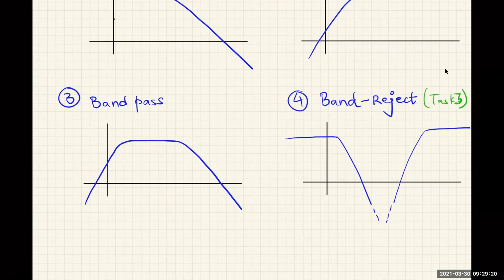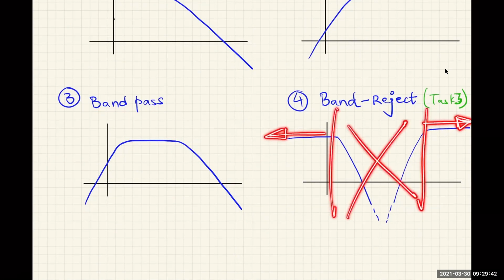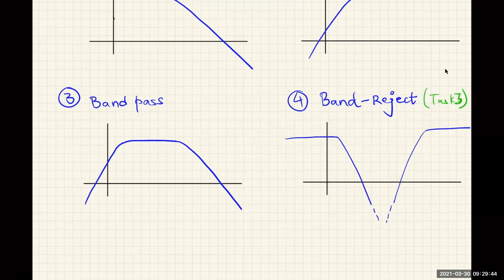A bandpass filter which blocks low frequencies and high frequencies, but allows a middle range of frequencies to pass through. And those types of filters are called bandpass. And you can have the opposite of that, which allows low frequencies to pass through, high frequencies to pass through, and blocks a range of frequencies in the middle, right? And that's called a band reject filter.